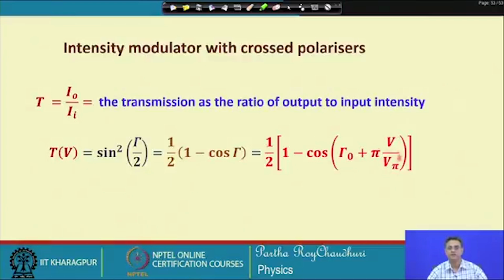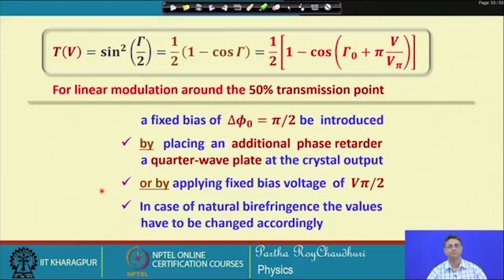We will see this expression later also for the specific kind of crystals at a given orientation, when we will be discussing that. So, you have this expression that the transmittance is equal to half of 1 minus cosine of tau 0 plus pi V by V pi.